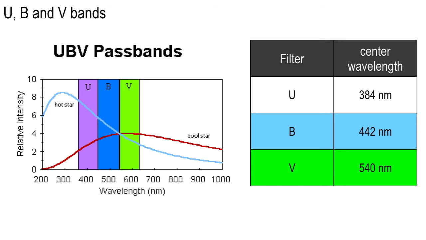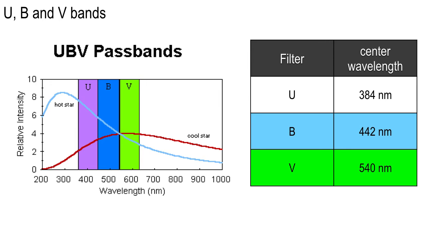And then capital B does stand for blue. 442 is kind of blue. There are websites where you could type in the wavelength and get the exact color of that light. They change it into RGB color or any kind of hex color you want. Same with this one, 540. Yeah, that's kind of green.